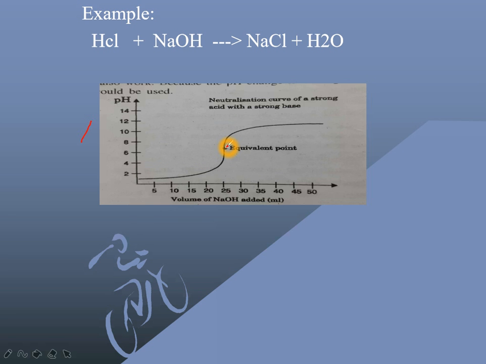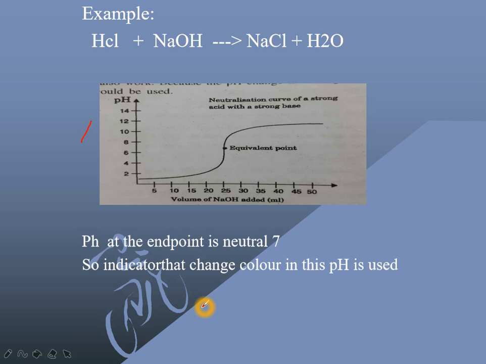On further addition of sodium hydroxide, the pH keeps increasing and the curve takes a sigmoid shape. So the pH at the end point is neutral, that is 7.